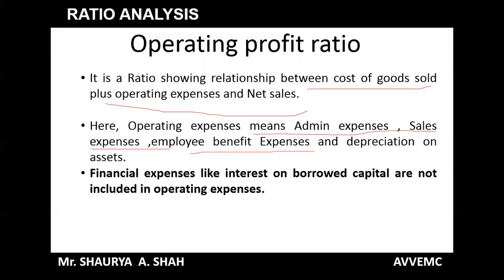So what is operating expenses? All those things which come on the debit side of P&L account, that is admin expenses, selling expenses, employees benefit, that is salary, depreciation on assets. So all those things are included. That comprises your operating expenses.